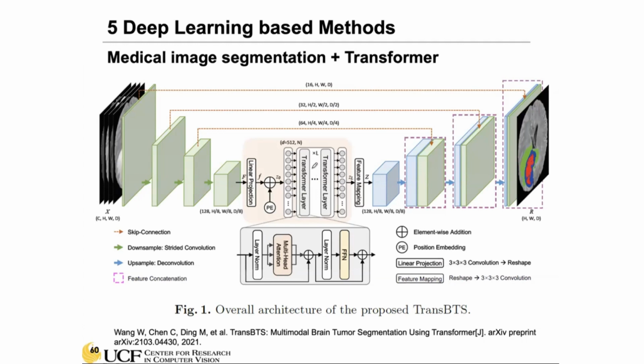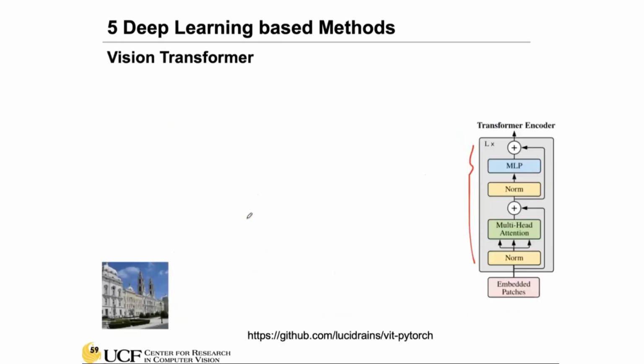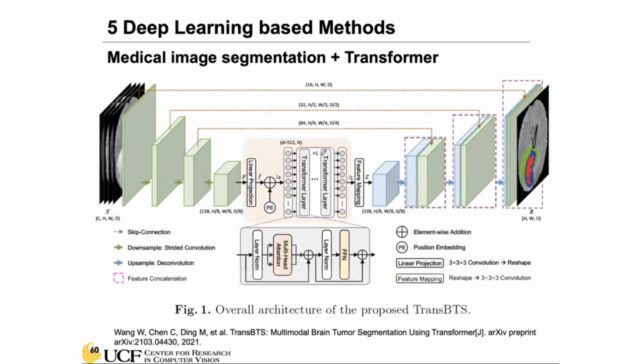The difference between TransBTS and the previous TransUNet is that this is a volumetric approach. The TransUNet is a 2D approach. Basically, they operate on individual slices, not taking multiple slices at a time. So they do slice-based segmentation: take one slice, do the segmentation, then go to the next slice. But for TransBTS, they're using a 3D CNN, like a 3D UNet or VNet structure.